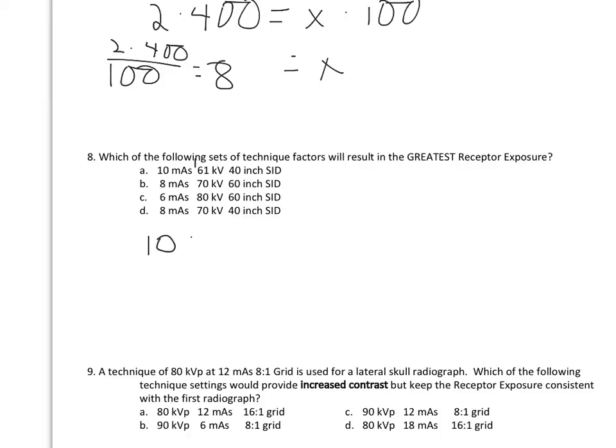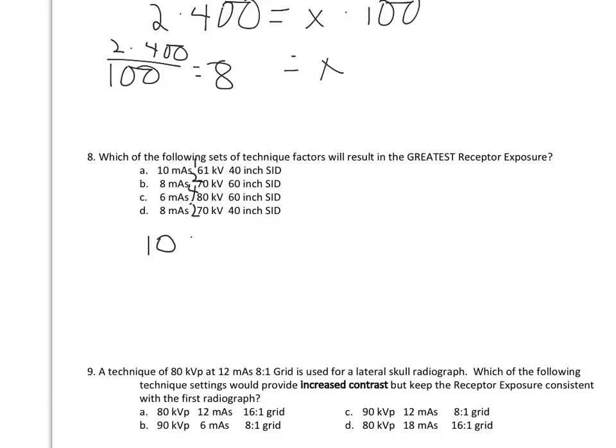The 70 kV factor is a 15% increase from 61, and so that would be a kV factor of 2. Now the tricky part is that 80 is an increase of 15% from 70, and so 2 times 2 is 4, and so the kV factor for 80 is going to be 4, because it's a 15% jump from 61. And then the 70 kV is going to be 2 again.